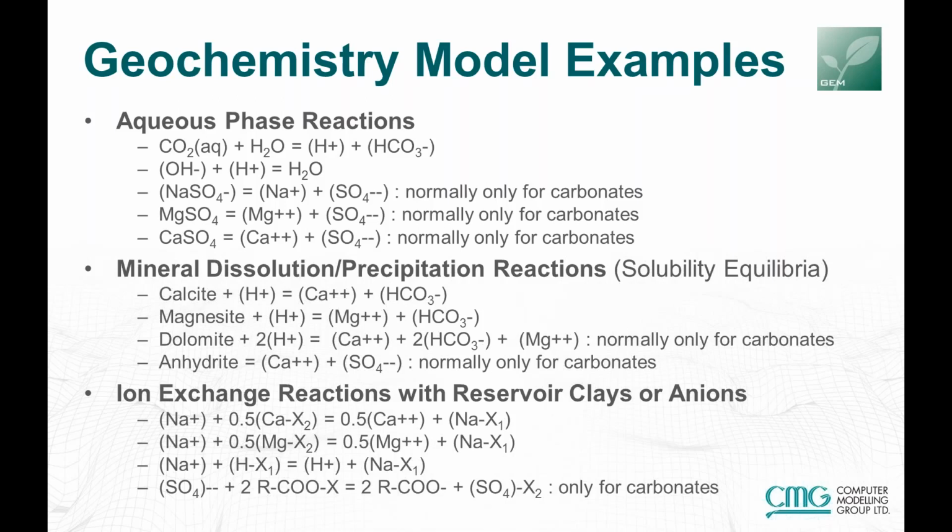For carbonates, we have also dolomite and anhydrite reactions. For ion exchange reaction examples, we have sodium plus calcium, sodium plus magnesium, or sodium plus hydrogen. Or for carbonates, we have the SO4, the sulfate, with the carboxyl ion.